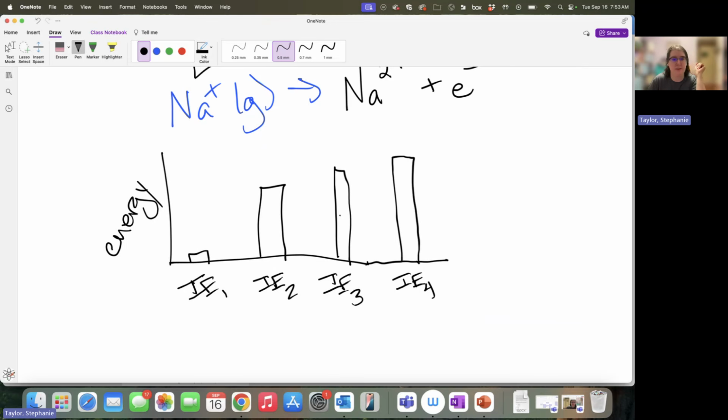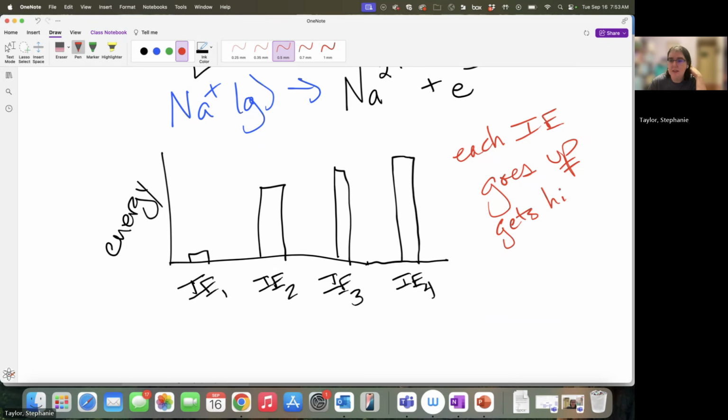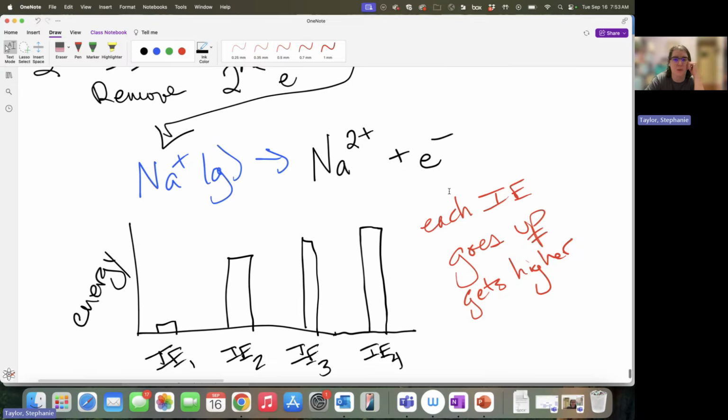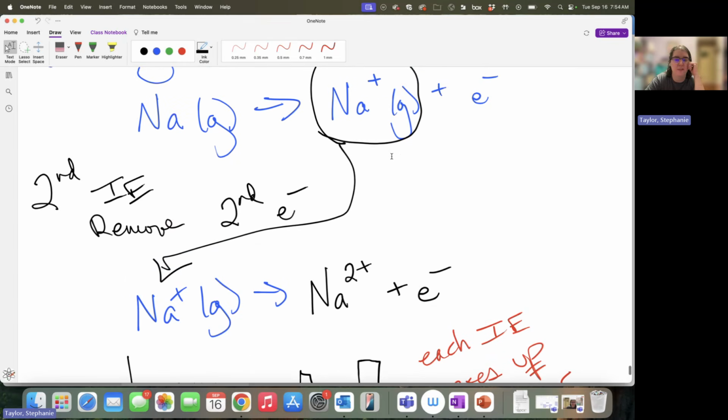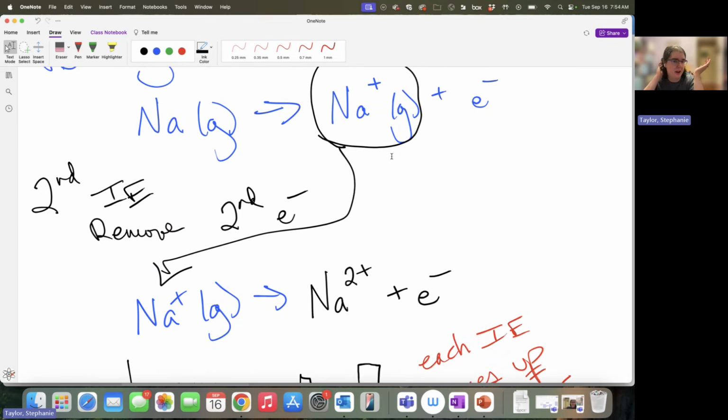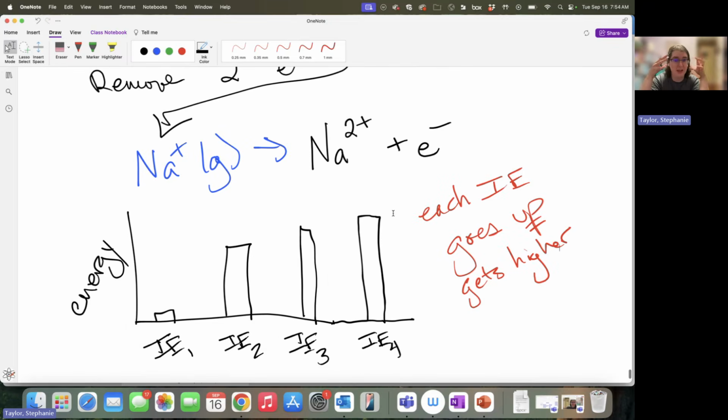So two things. One, each ionization energy goes up, gets higher. It's harder to remove electrons as you go. Even after the first one, removing that first one might be easy, might be hard, but removing the second one, that poor little nucleus is hanging on to its electrons as hard as it possibly can.